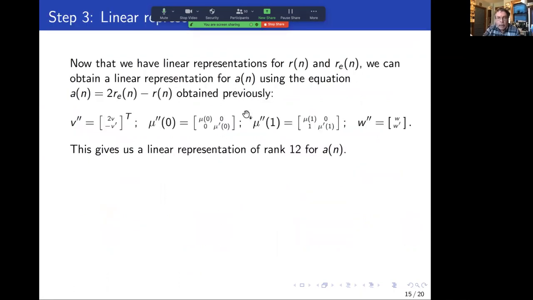Okay, well, now we have 2 linear representations for R of n and Re of n. We can get a representation for A of n because A of n is twice Re of n minus R of n.